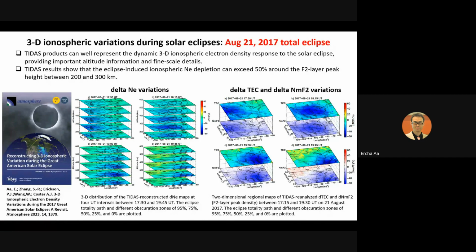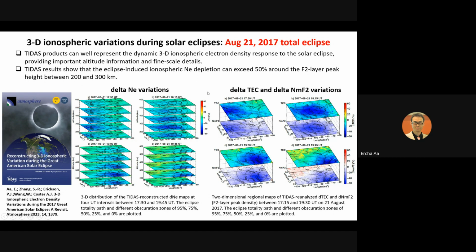We know the eclipse is an amazing astronomical phenomenon, but it's also a natural experiment that provides an opportunity to analyze the ionospheric effects because of the sudden cutoff of solar UV and photoionization. So there will be a local depletion of electron density in the ionosphere. We usually study the eclipse effect in the ionosphere by using two-dimensional TEC results, but here we have TIDAS, so we can analyze the three-dimensional variation.